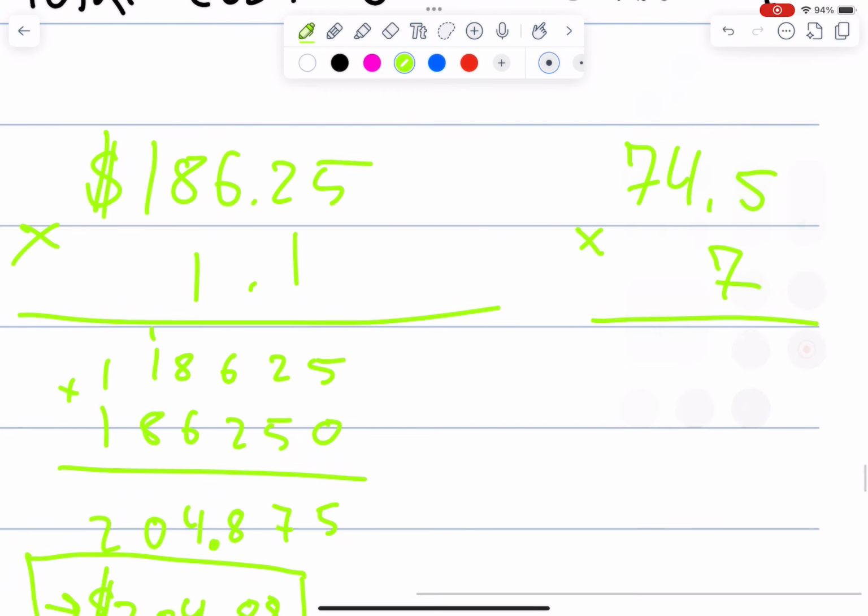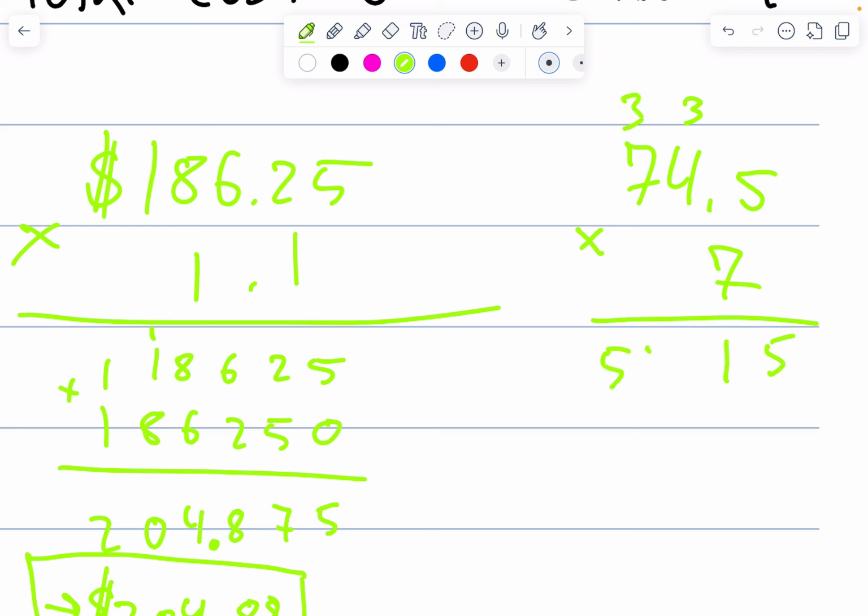So 7 times 5 is 35. 7 times 4 is 28, 29, 30, 31. 7 times 7 is 49, plus 3 is 52. Okay, so you're at $521.50. So that's how much labor costs.